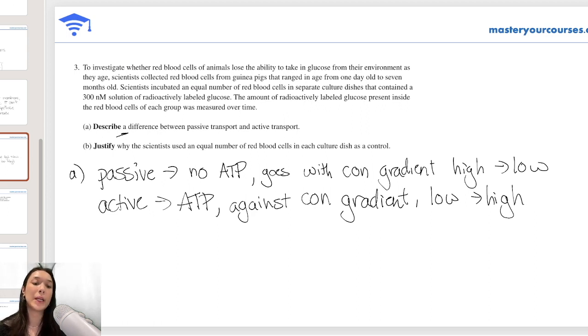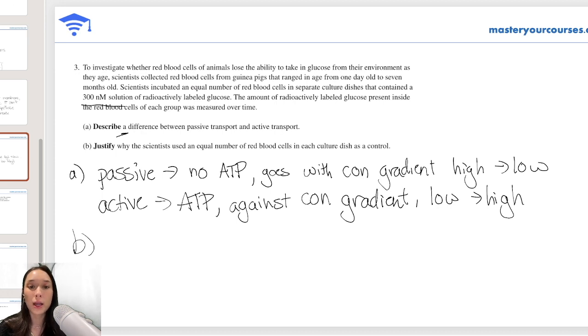Okay, and then for B, it asks you to justify why the scientist used an equal number of red blood cells in each culture dish as a control. So they're really just asking you to justify why they used that control. So let's go back into the question. Scientists incubated an equal number of red blood cells in separate culture dishes that contained this 300 nanomolar solution of radioactively labeled glucose.